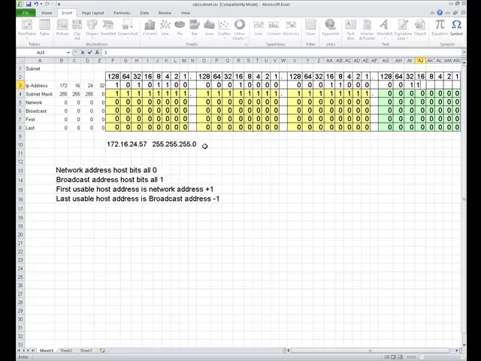And if we put a 1 in the 16, we're at 48, going for 57. So now we need 9, a 1 in the 8, zeros, and a 1. So we've now written our network address in binary.